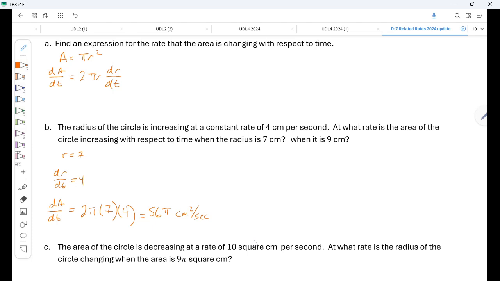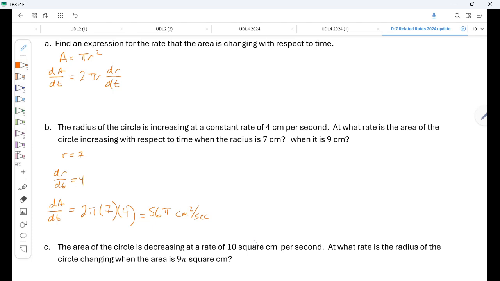But in the world of related rates, we should be able to get our label based on what we're looking for. dA/dt should literally be a label for area divided by a label for time. And if it's not, then you don't have the right answer.